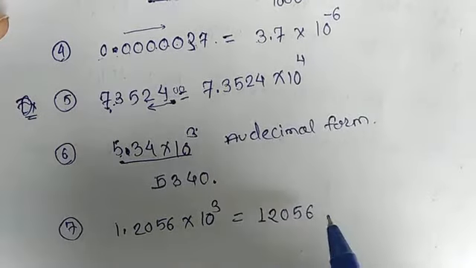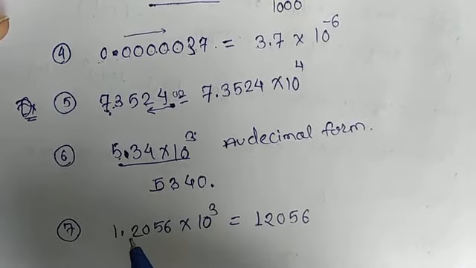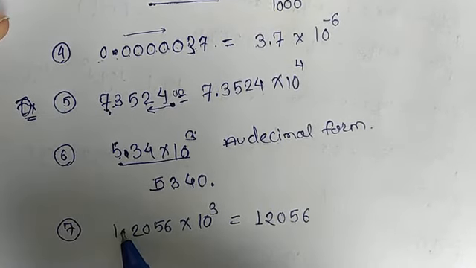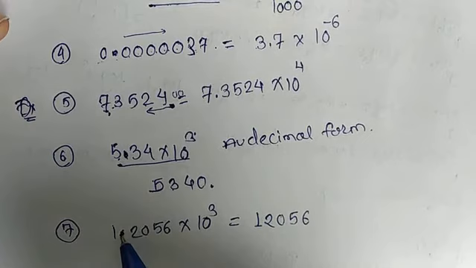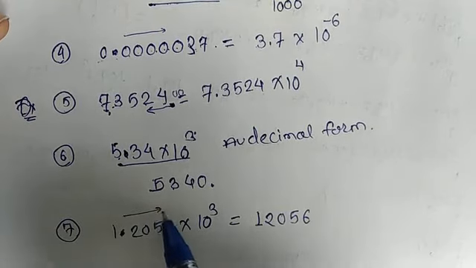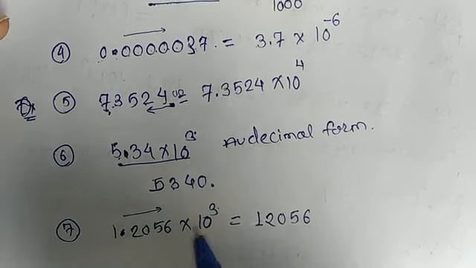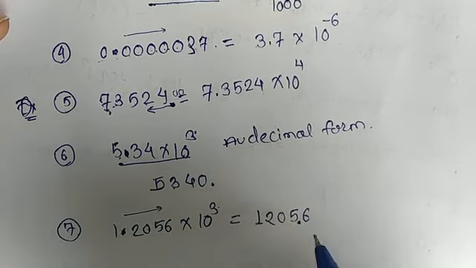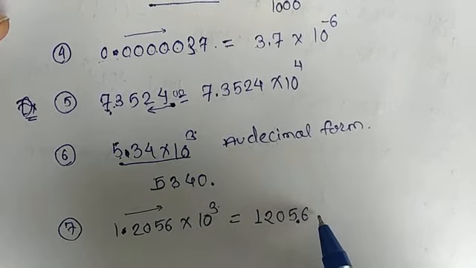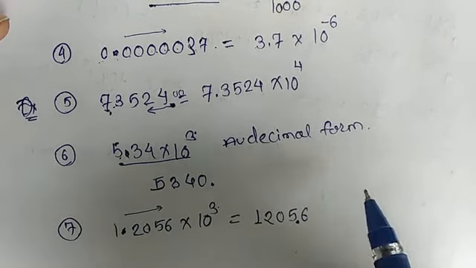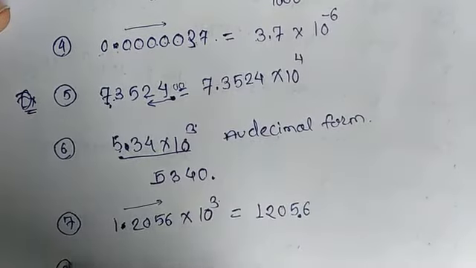Now we give a point; in this standard form the point has to shift toward the right. It is 10 raised to 3, so 1, 2 and 3, so it is after 5, so our answer is 1205.6.